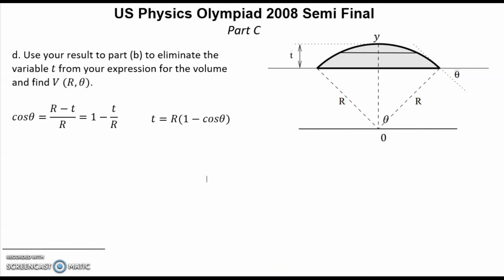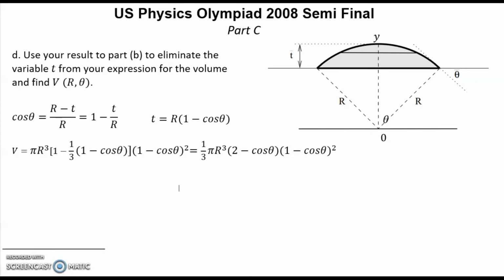And now we can substitute this t into the formula for volume through radius and t. That will be this expression. And now we can combine these results and finally get this expression. Volume equals 1/3 pi r cube multiplied by 2 minus cosine theta and multiplied by 1 minus cosine theta squared. That's the answer for question D.